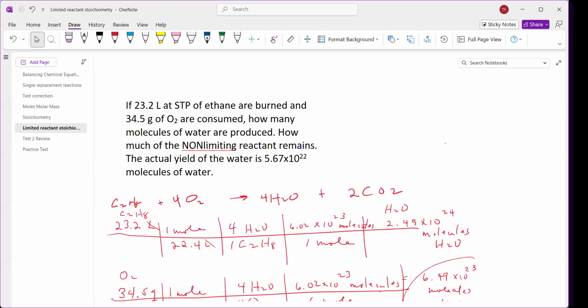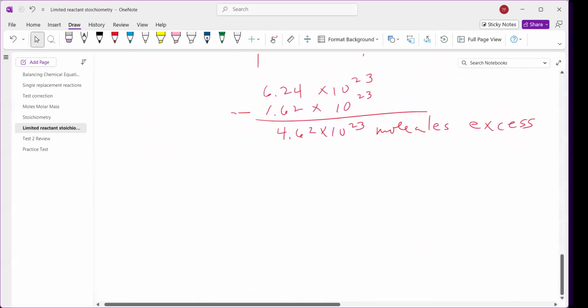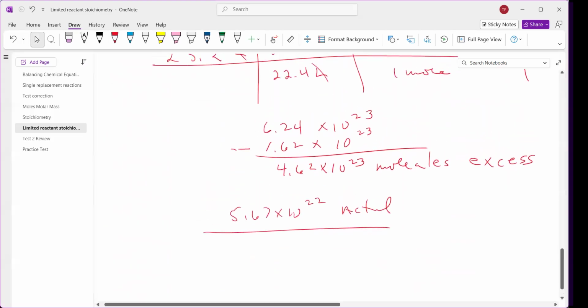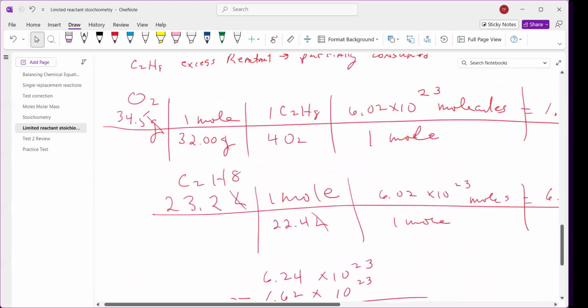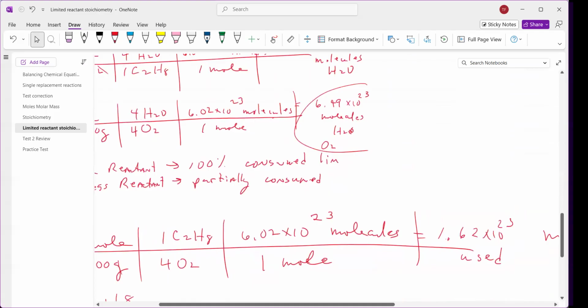Okay, so 567 is the actual yield, and the theoretical yield was 649.